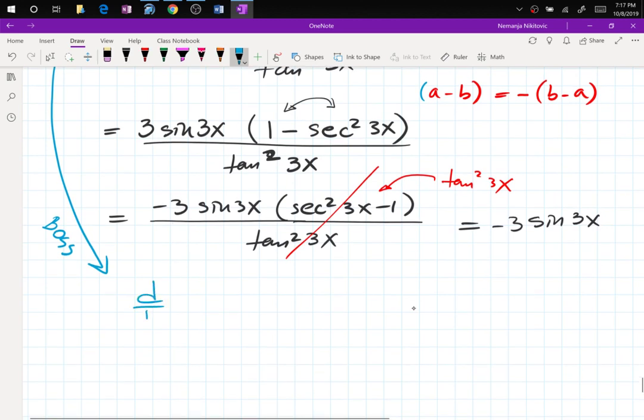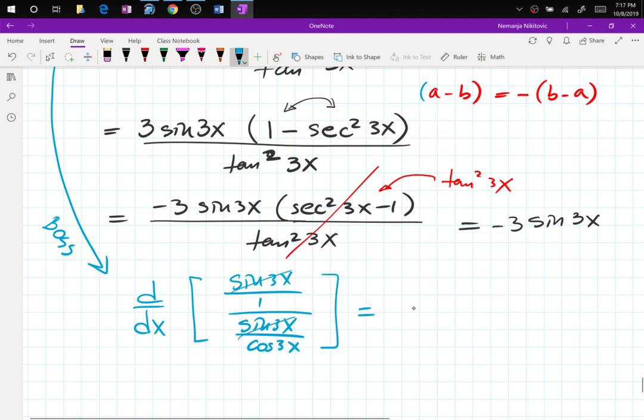So the derivative of sine 3x divided by sine 3x over cosine 3x is equal to, these cancel, the derivative of cosine 3x, which is negative 3 sine 3x.